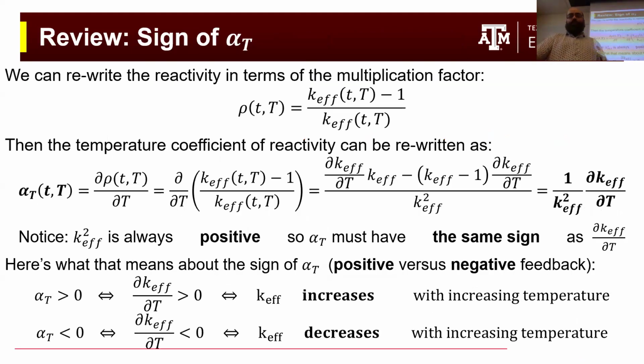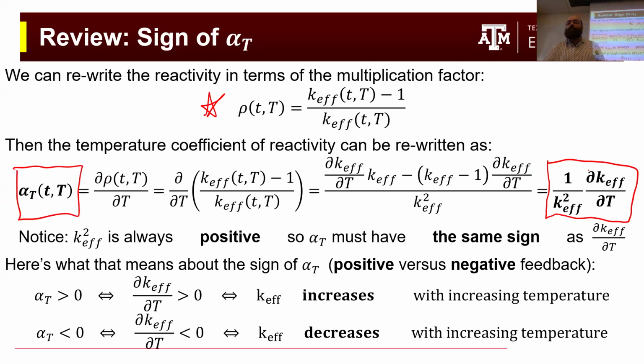We had an illustration of that last time, where we wrote the definition of reactivity in terms of K effective. The temperature coefficient of reactivity is the derivative of my reactivity with respect to temperature, so we took the derivative and plugged in that reactivity definition to rewrite my temperature coefficient in terms of K effective and the change in K effective with respect to the change in temperature.